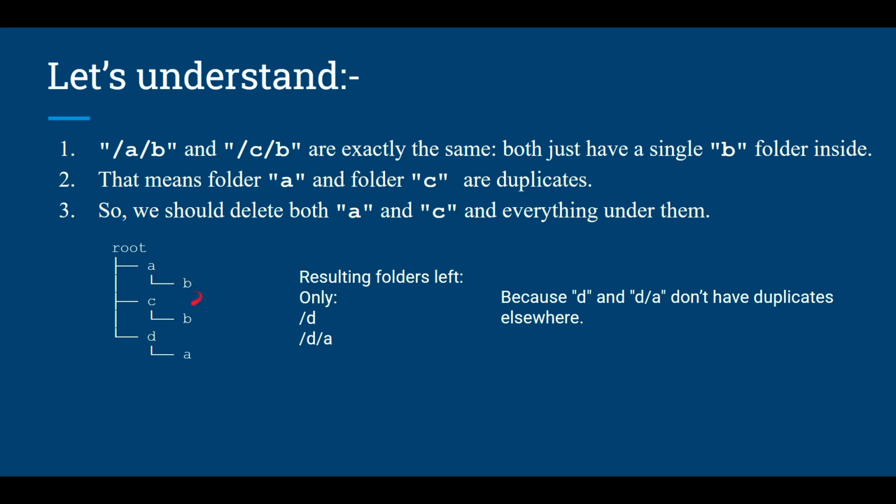It means folder A and folder C are duplicates, right? So we should delete both of them, and everything under them. This is how viruses work: they copy all the files and only change the parent name, so the storage keeps increasing on your system, and once it is full, it will hang or slow your system.